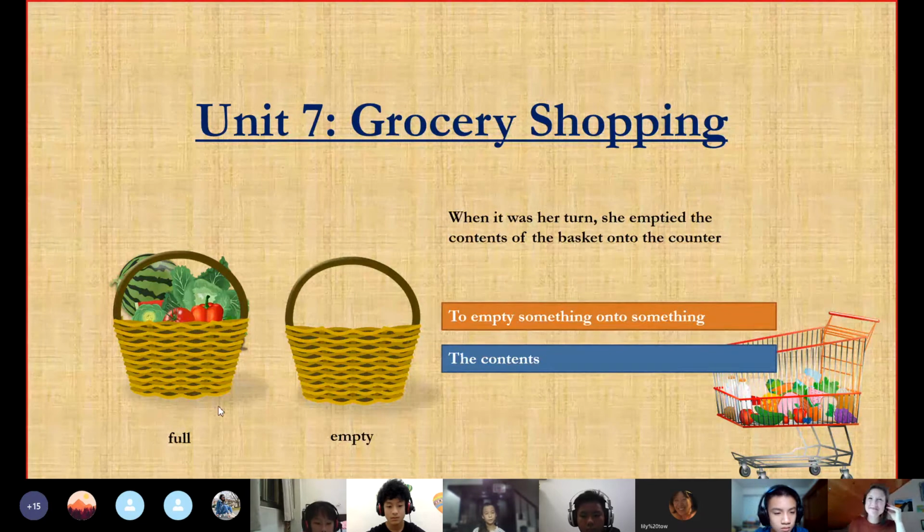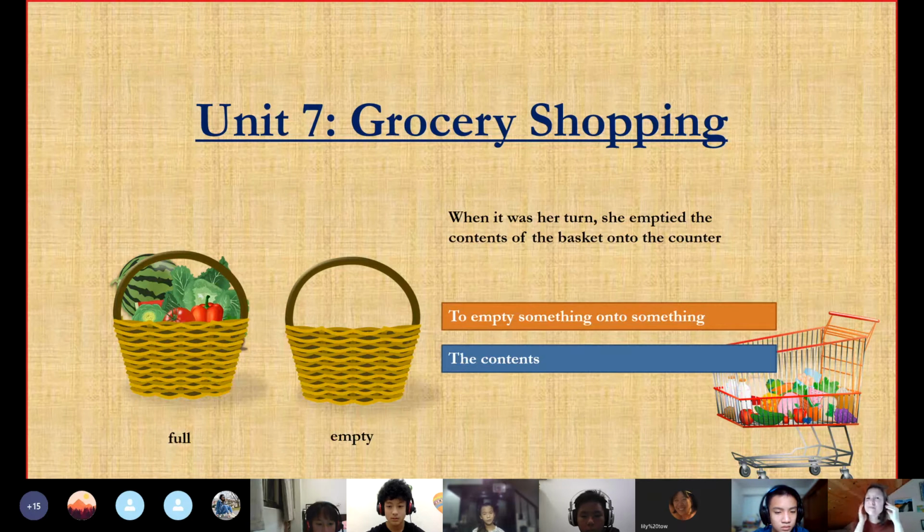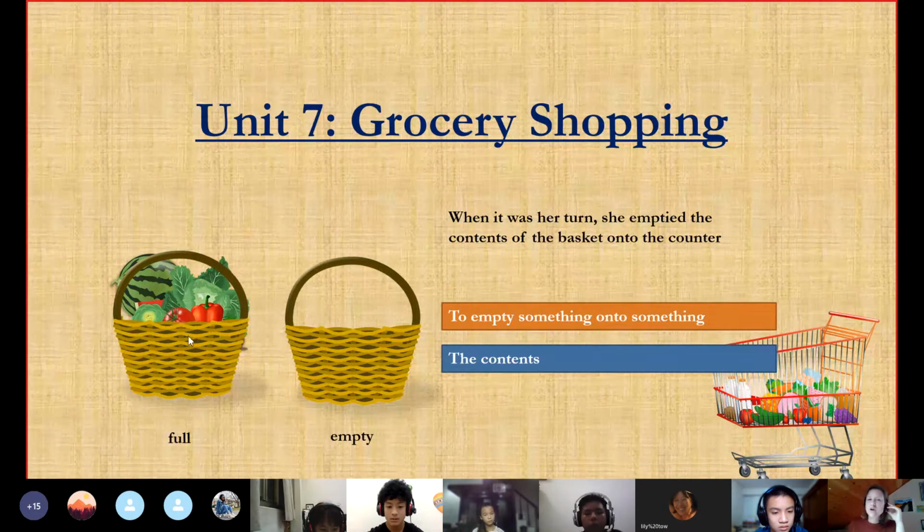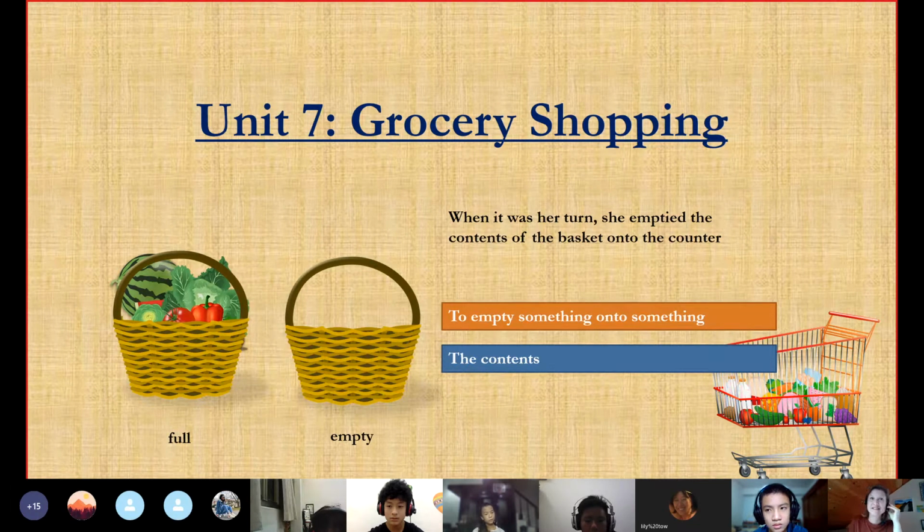The basket. And how is it? Filled. It's filled. Very good. So we can see the basket is filled. What about this one, Dylan? Nothing. Very good. Yes, there is nothing in here.